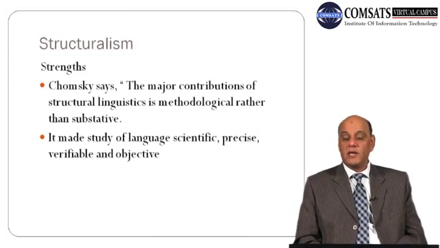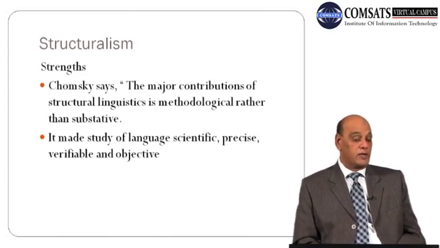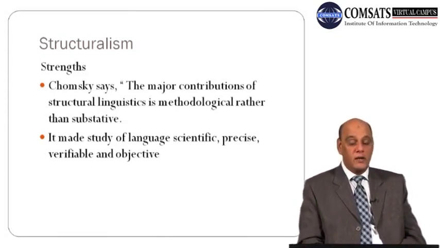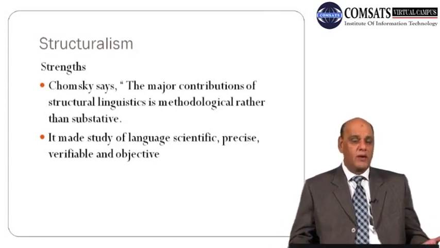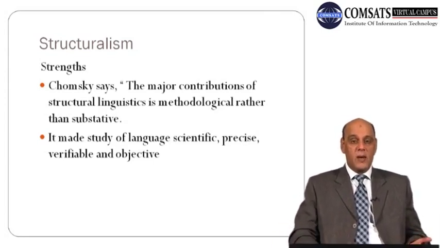It made study of language scientific, precise, verifiable and objective. Look at these four difficult, complex terms, but four very familiar terms: scientific, precise, verifiable and objective. Scientific, because it has a complex structure and there are rules at every stage.